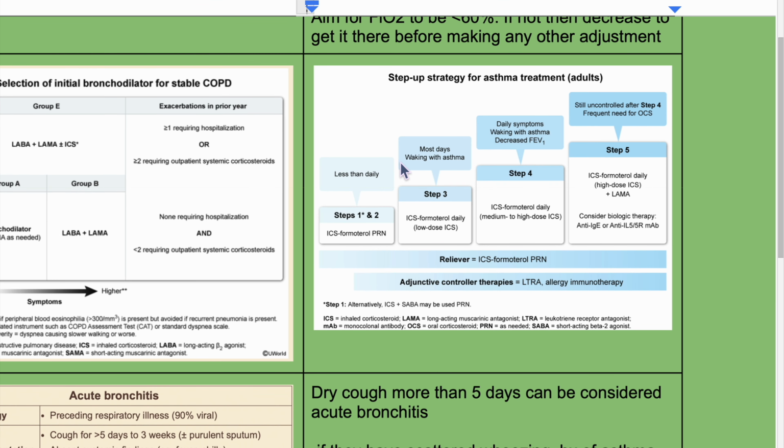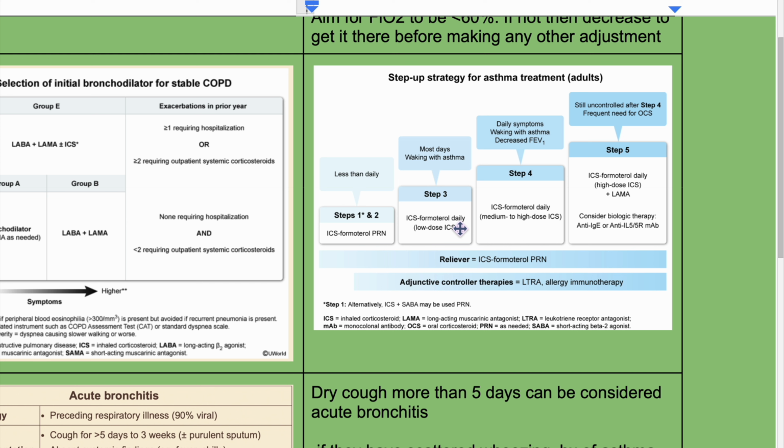Okay. Compare that to the step-up strategy for asthma treatment in adults. You start off with ICS-formoterol on an as-needed basis, PRN. This is less than daily. But now if they're having it like 3 times a week, then you go to step 3. Here you give inhaled corticosteroid plus formoterol daily.